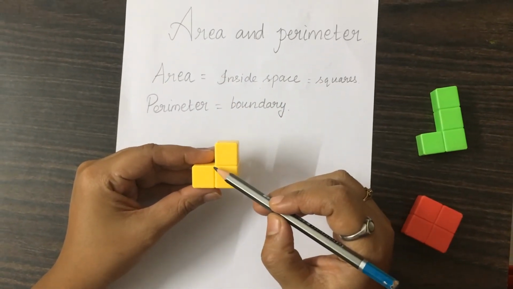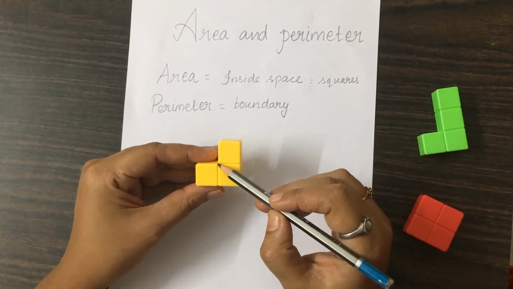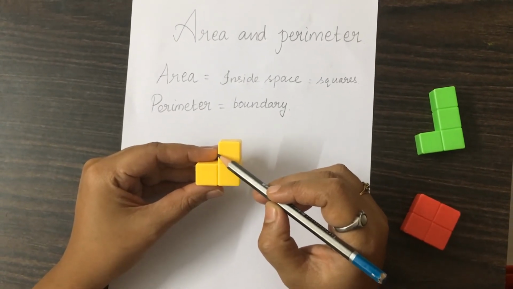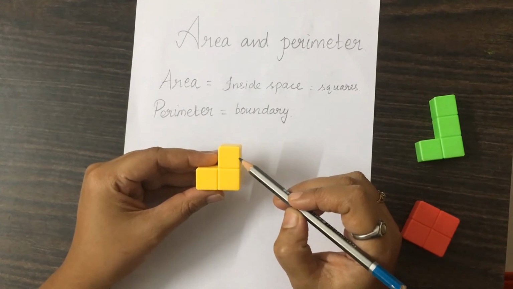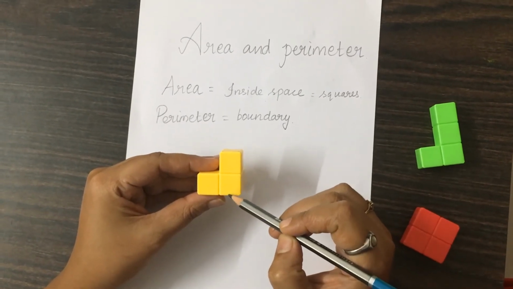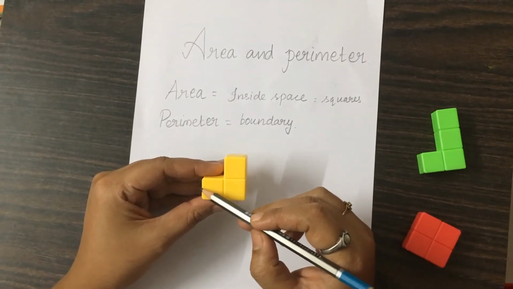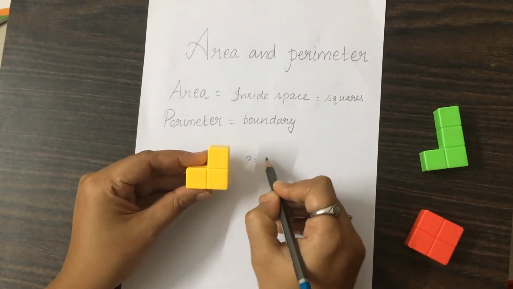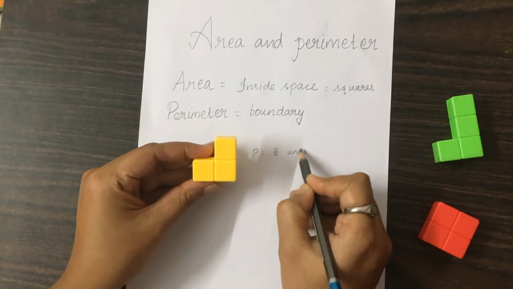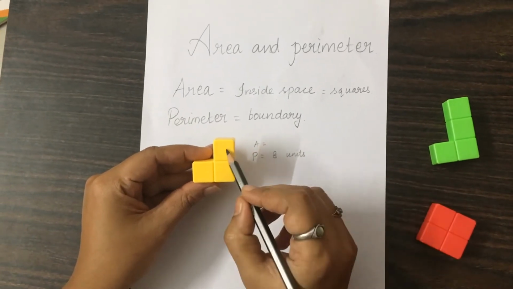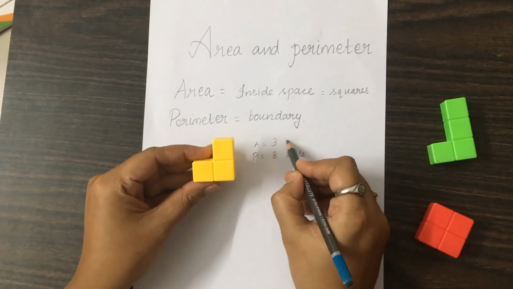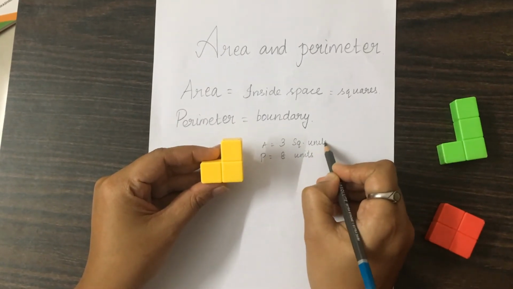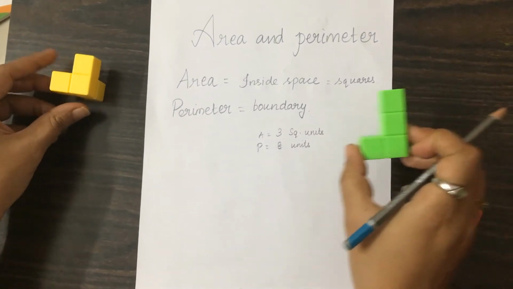I'm going to keep this as the starting point and count the perimeter. 1 unit, 2 unit, 3 unit, 4 unit, 5 unit, 6 unit, 7 unit and 8 unit. So the perimeter is 8 units and the area is 1, 2, 3, 3 square units.